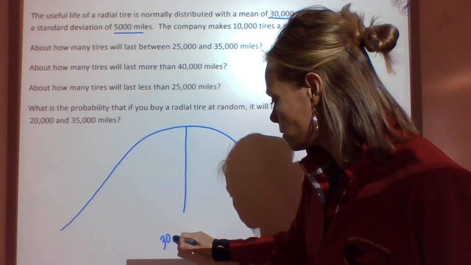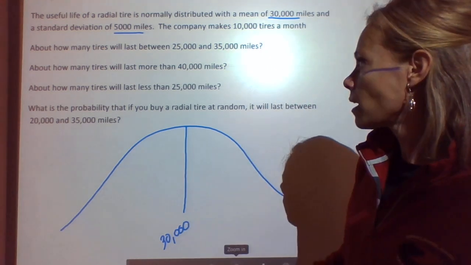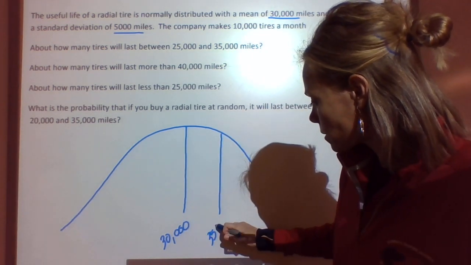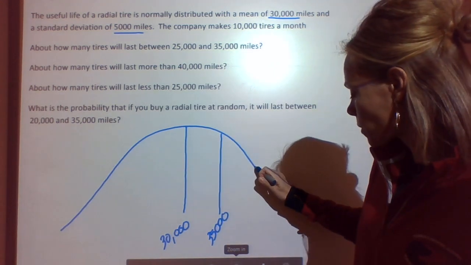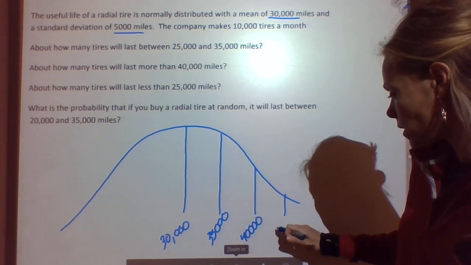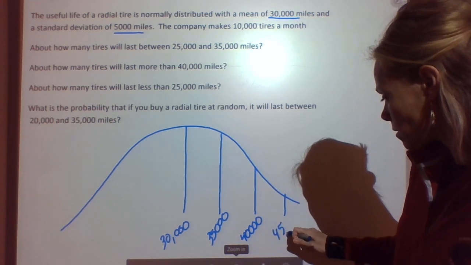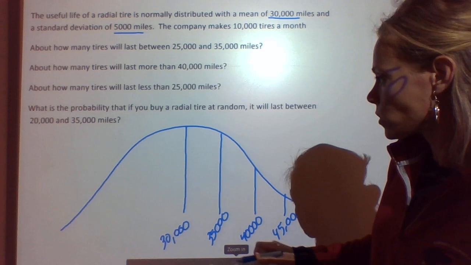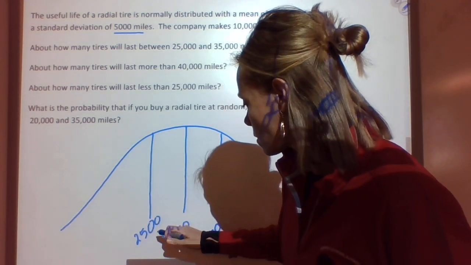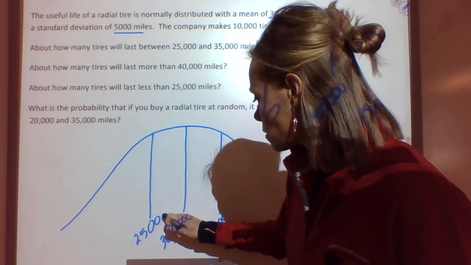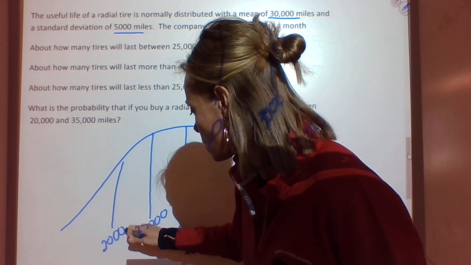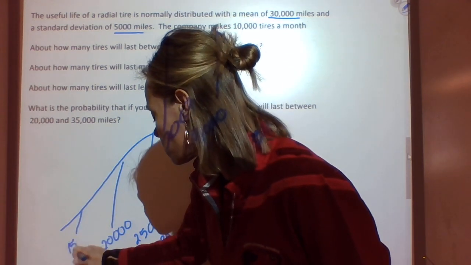So 30,000, and I'm going to count by 5,000s. So 35,000, 40,000, 45,000, and then subtract 5, so 25,000, 20,000, and 15,000.